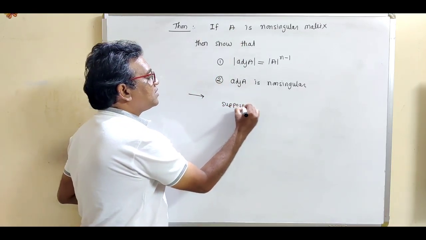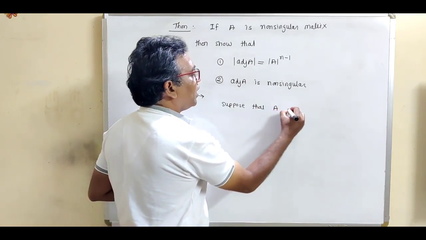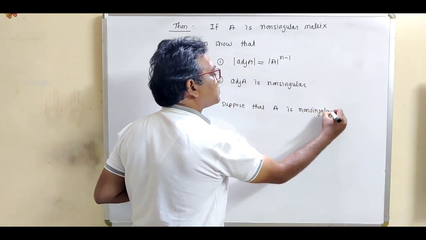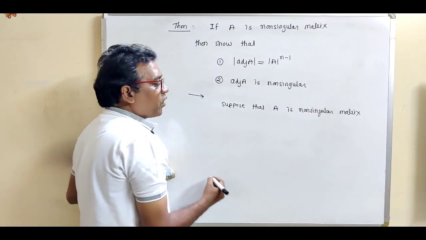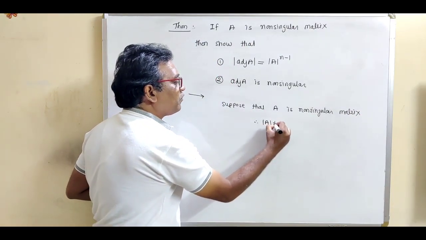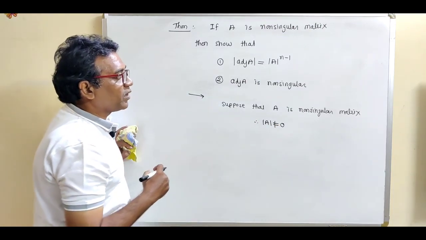So right here, suppose that A is a non-singular matrix. So what is the definition of non-singular matrix? Non-singular matrix means determinant of A not equal to 0, that is called the non-singular matrix.